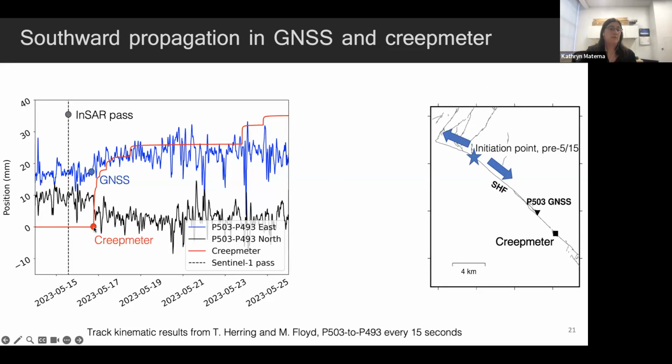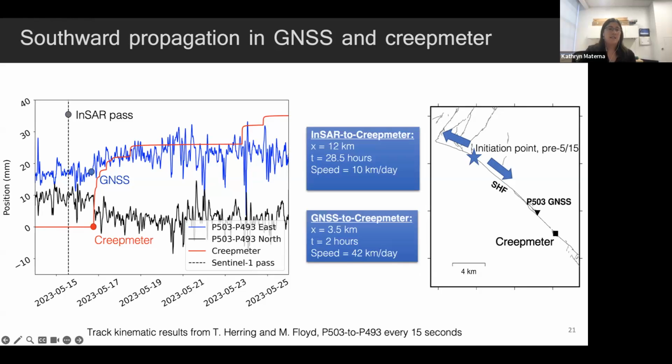We know when the creep meter transient began here. And what it looks like from this preliminary analysis is that, as I mentioned, the overall propagation velocity is something like 10 kilometers per day, but the velocity between the GNSS station and the creep meter is much faster, at something like 42 kilometers per day.